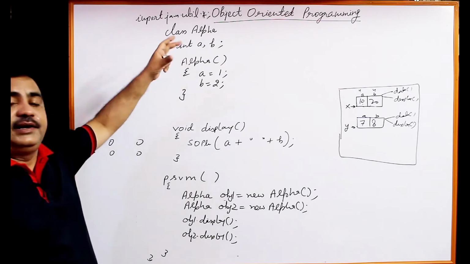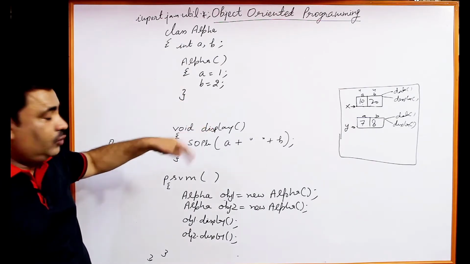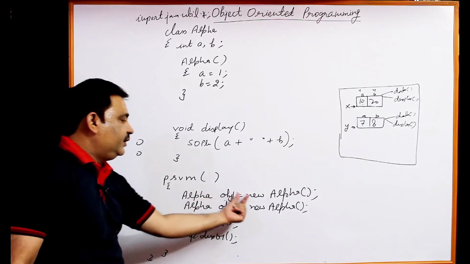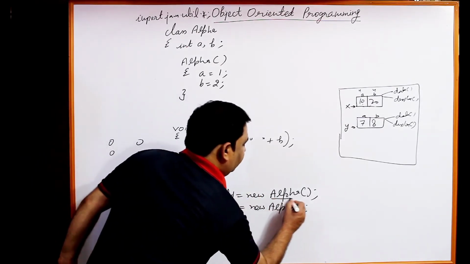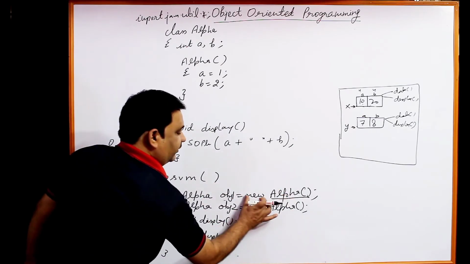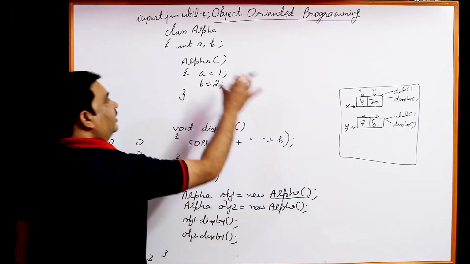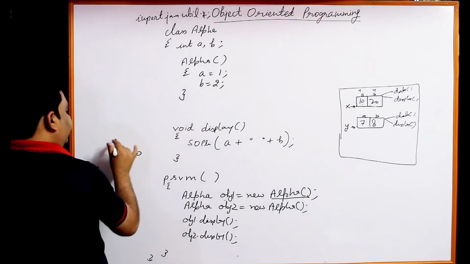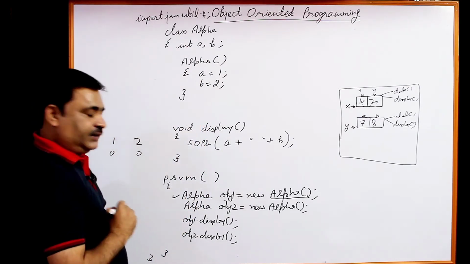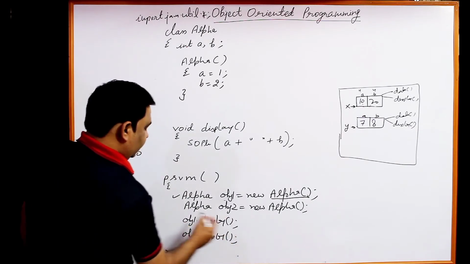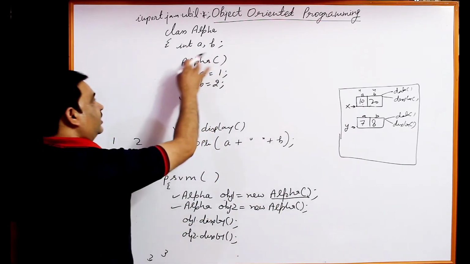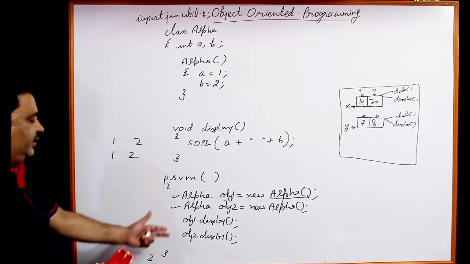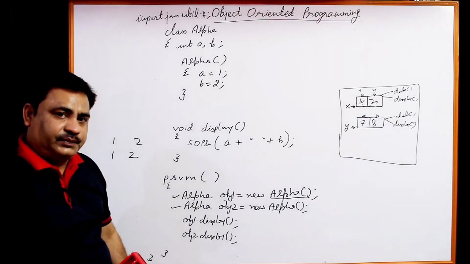It will automatically be invoked, it will be executed when you create the object alpha obj1 equal to new alpha. This is the part of constructor. So after keyword new, this is constructor, it will be automatically invoked, and a and b will be initialized with 1 and 2 for first object. Same way for second object also, again same constructor will be invoked, and again 1 and 2 will be printed for object 1 and object 2.